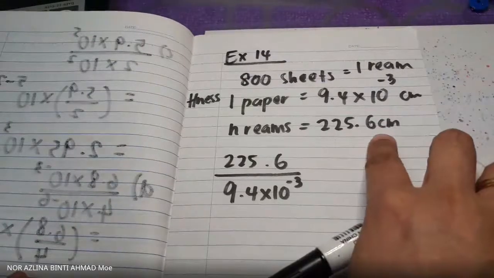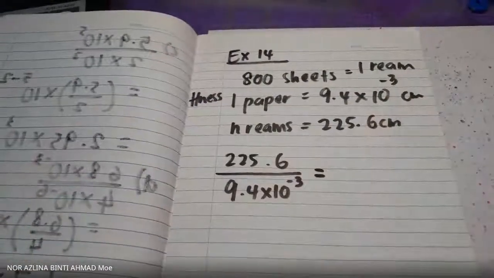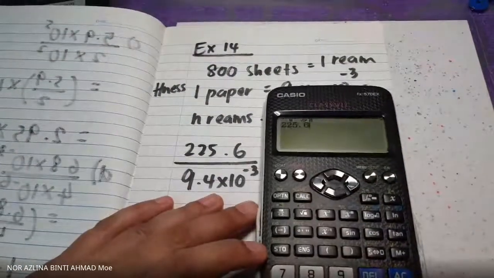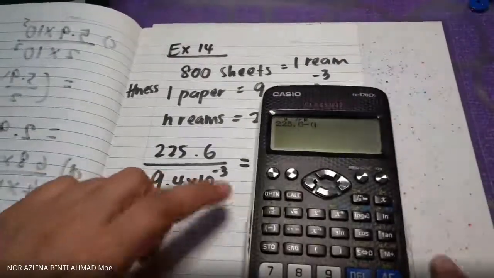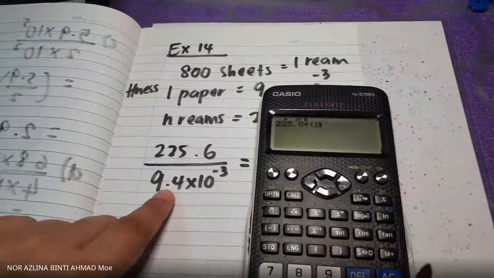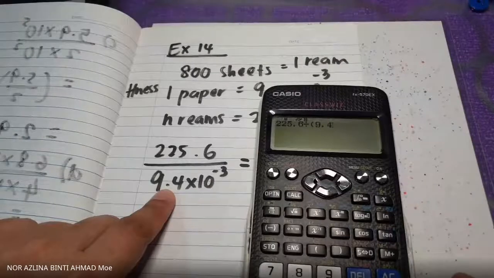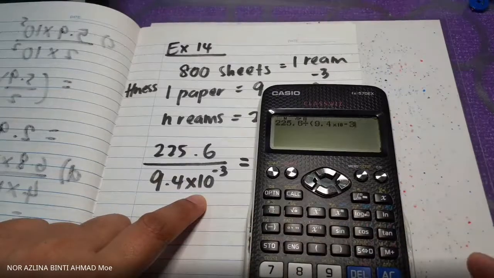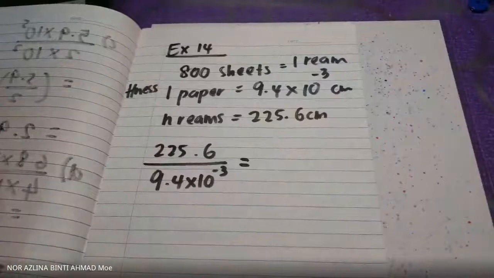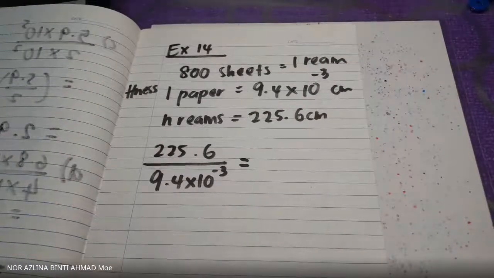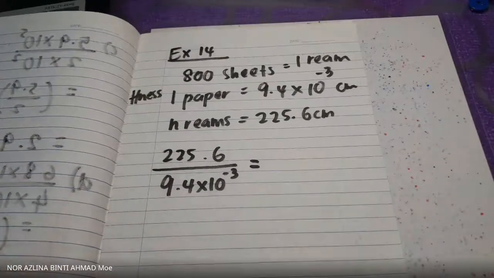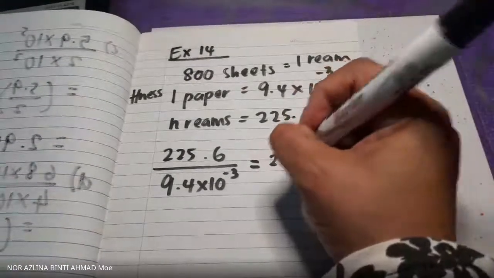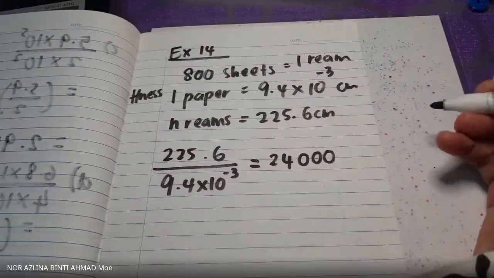Okay, so you use the calculator. 225.6 divide, in bracket, careful, 9.4 times 10 to the power of negative 3, close bracket. Okay. Saya dapat 24,000 paper.